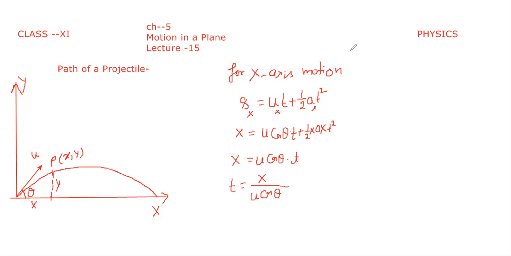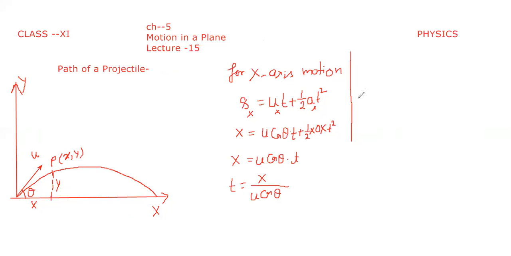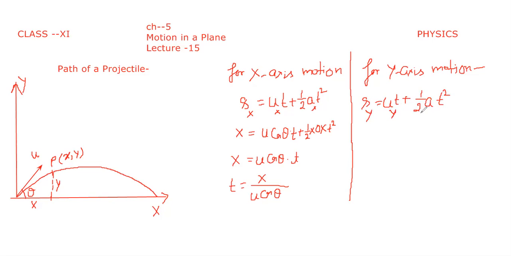Now we are talking about the y axis. For y axis motion, the formula is the same, s equal to ut plus half at square. But now sy equal to uy t plus half ay t square.